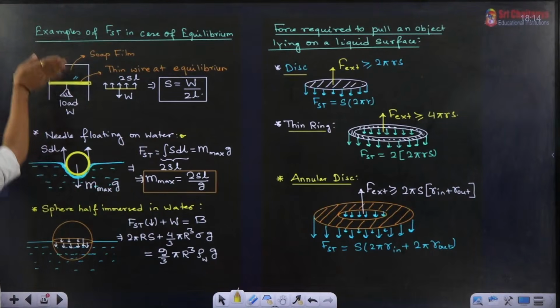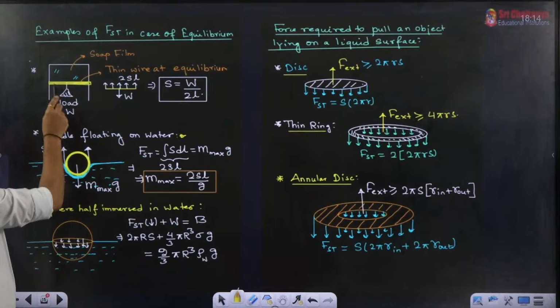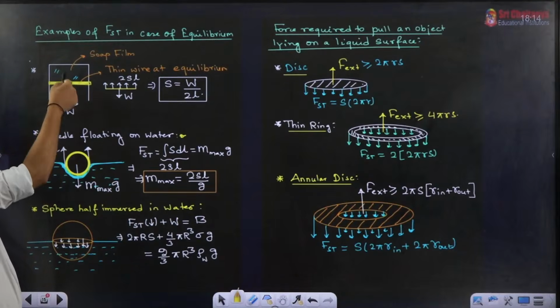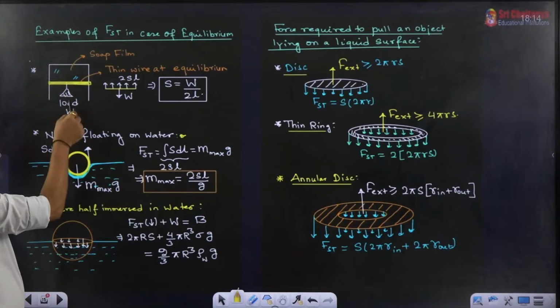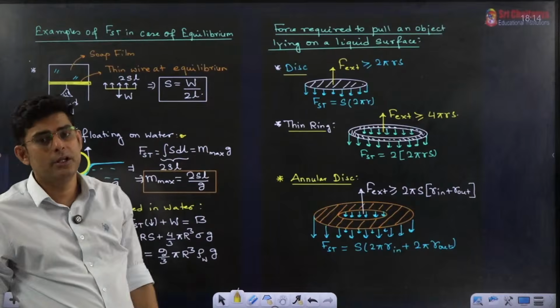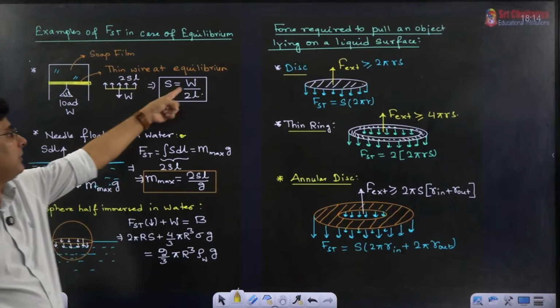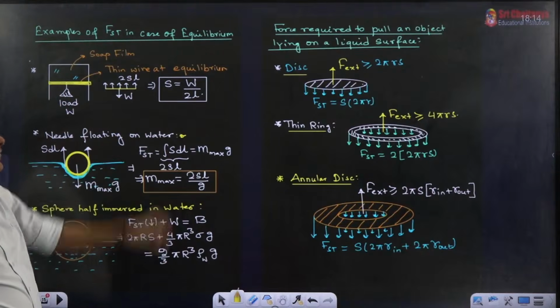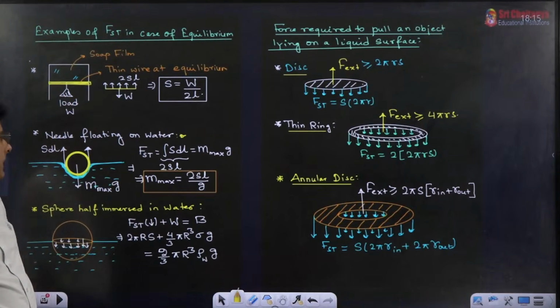So both front and back side will have a boundary length L, from front, back side also L. So 2 S L force upwards will balance the load W. So we can find the surface tension S as W by 2L. So soap solution surface tension can be experimentally found by W by 2L: how much weight is hanging divided by 2 times the length of the thin wire.